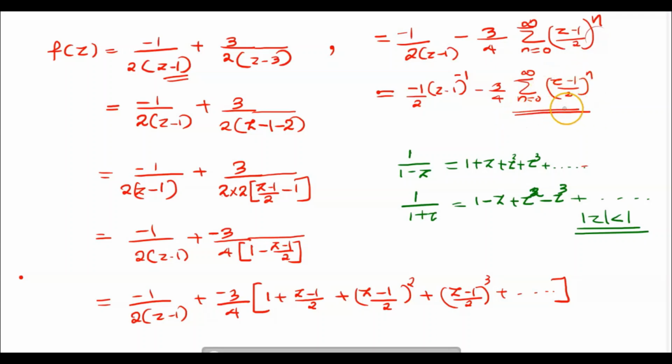This is positive terms and this is the only negative power. Since z is equal to 1 is a simple pole, we get this minus 1 only. All others are 0. So this is the Laurent's series expansion of the function f of z, and this is valid for the region 0 less than mod z minus 1 less than 2, and also this is valid for 1 less than mod z minus 1 less than 2.